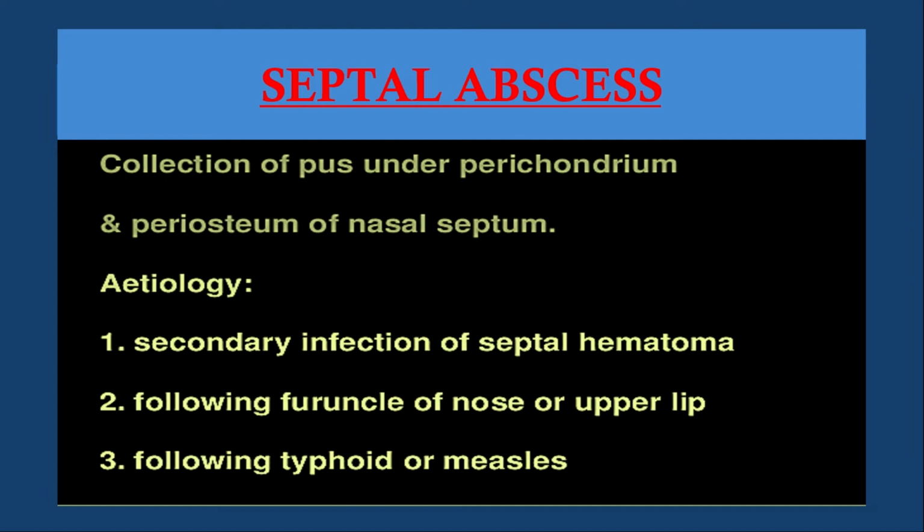Now, we come to septal abscess. It's a collection of pus under the perichondrium and periosteum of the nasal septum.